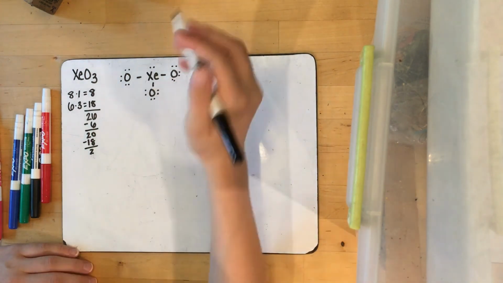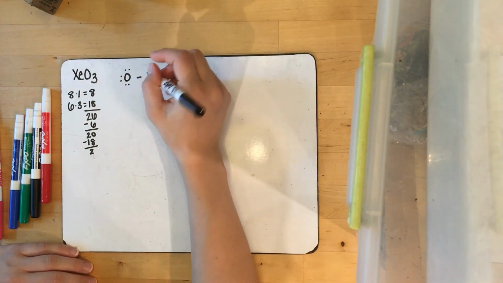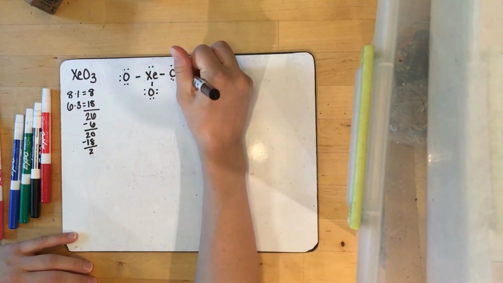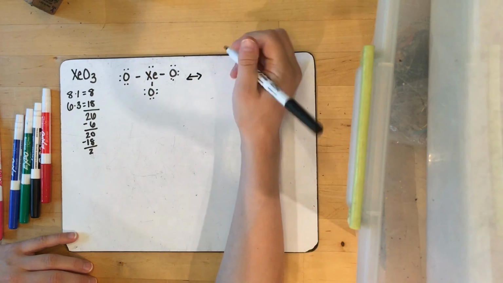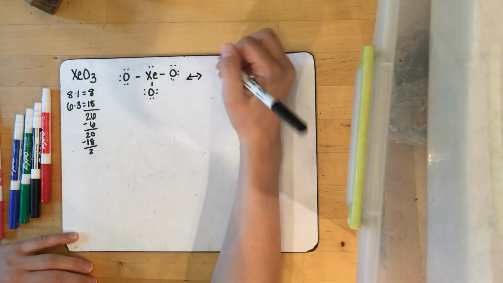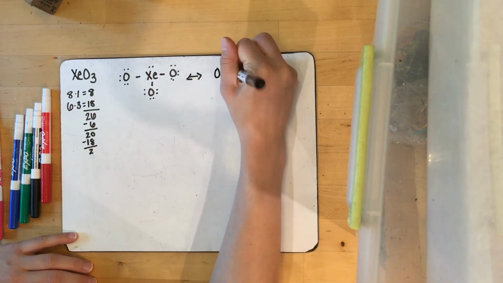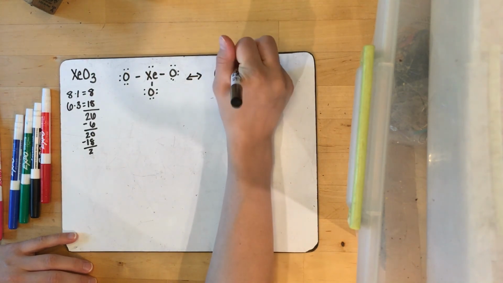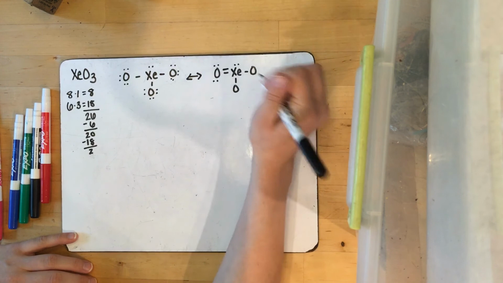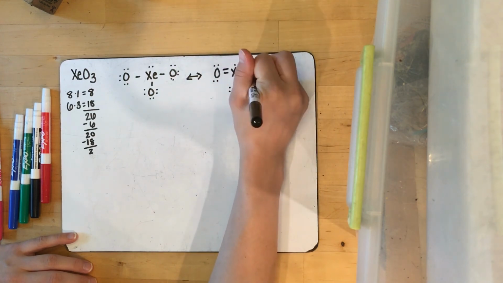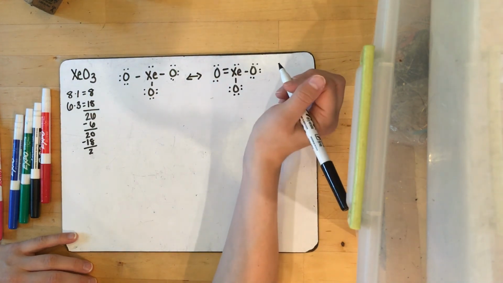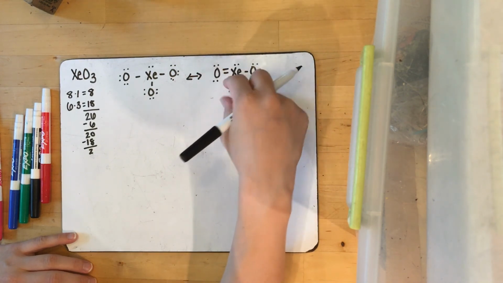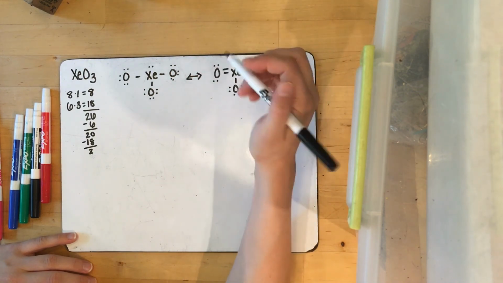So in order to give it more than 8, we're going to start giving it double bonds. So I'm going to take electrons from one of my oxygens, and make a double bond. But as we saw with resonance, if I do that with this one, and I could have done it with these other ones, I have to draw those as well.